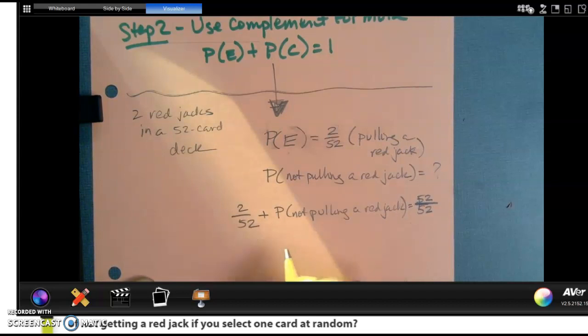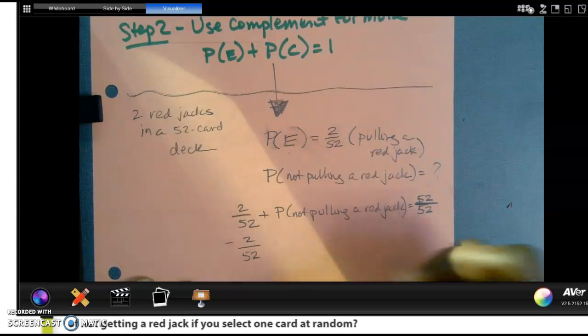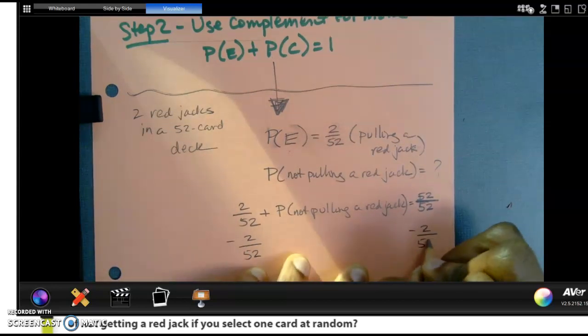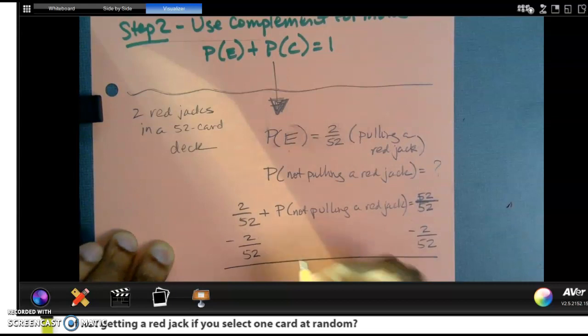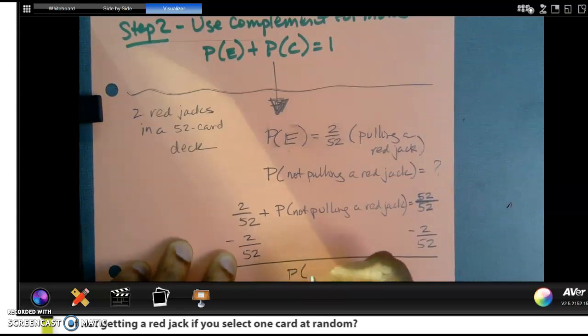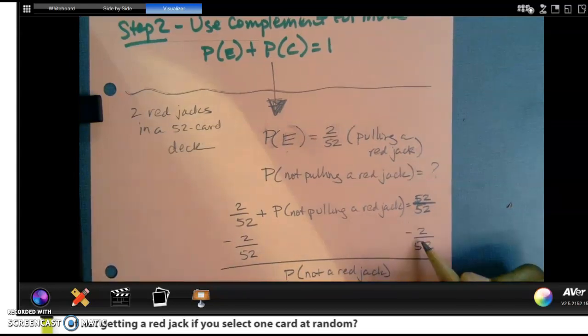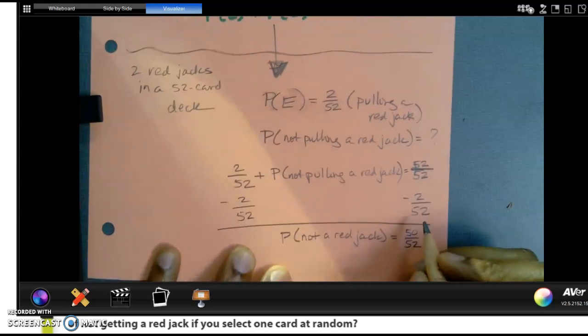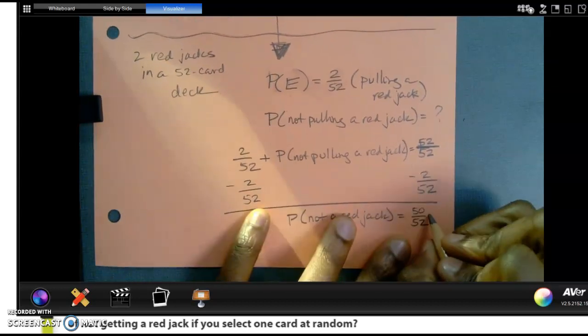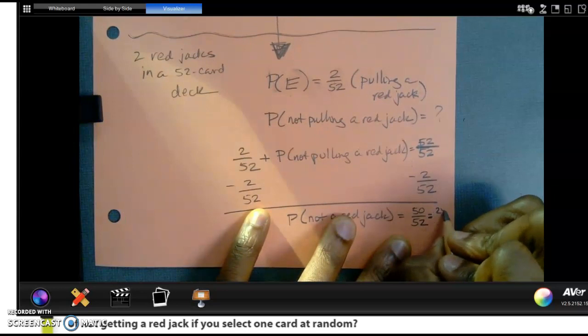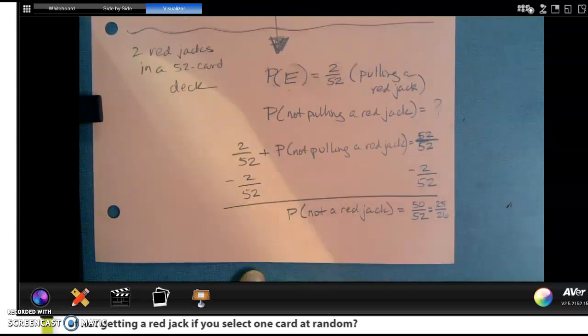This is where it looks like an equation: if I subtract 2 over 52 from both sides, then 52 over 52 minus 2 over 52 gives me 50 over 52, which we can simplify to 25 over 26.